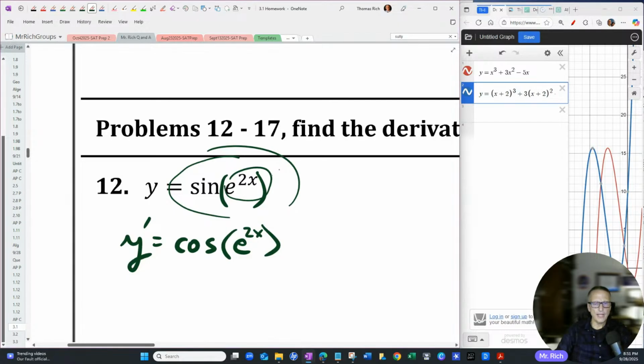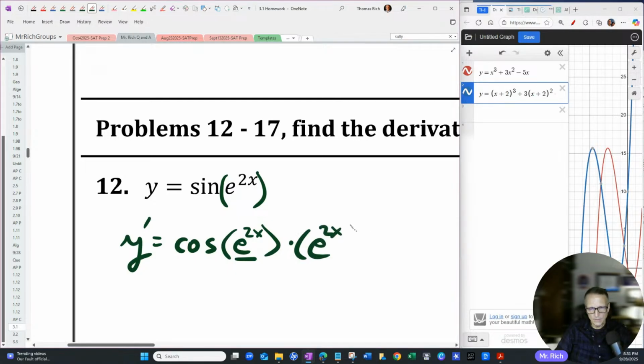So the derivative of sine of something is cosine of that something. But now, by the chain rule, I do need to multiply by the derivative of that inside thing. And the derivative of e to the 2x is itself, e to the 2x, but times the derivative of its exponent, which is 2.